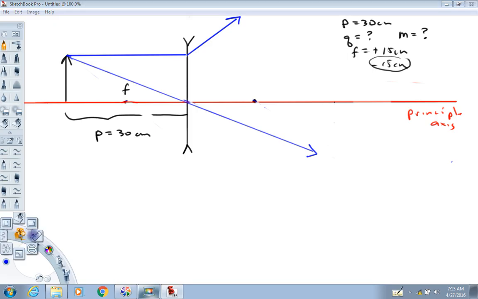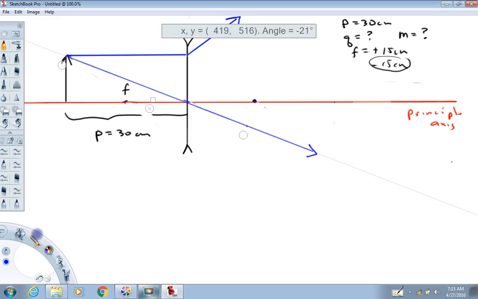And now the third principal ray, I think, is this. Let's see, it's the inverse of this one. So going away from the focal point parallel, the inverse of that is going to be this.